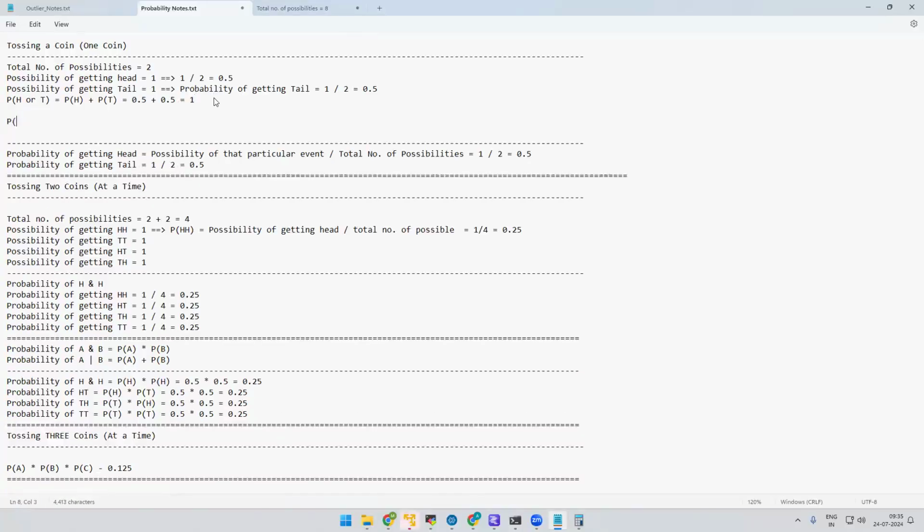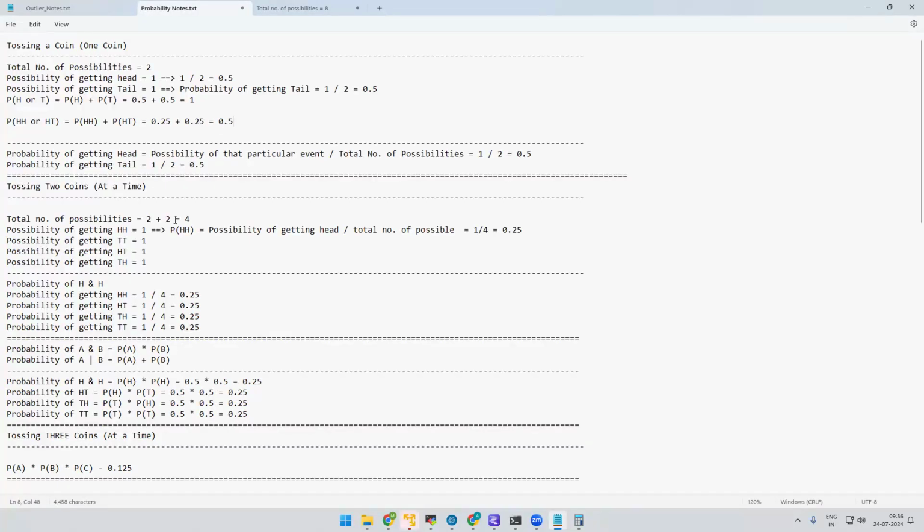Let's take another one. Probability of HH or probability of HT in the case of 2 coins. What is the probability of HH? It is 0.25. 0.25 plus 0.25 again is 0.5.